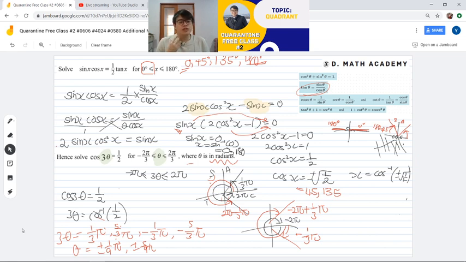So do you have any issue identifying the answer as plus minus 1 over 9 pi, as well as plus minus 5 over 9 pi? If you have any question, please ask it now. I wanted to make sure you really understand before I go on and cover other questions, because it only gets confusing from here.